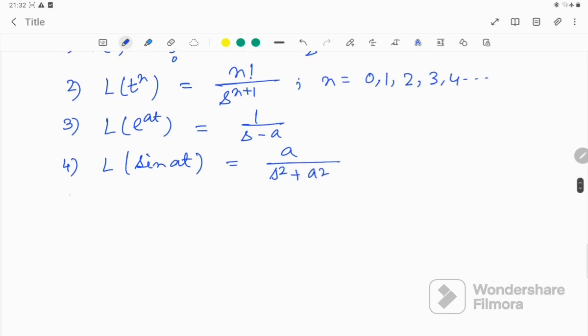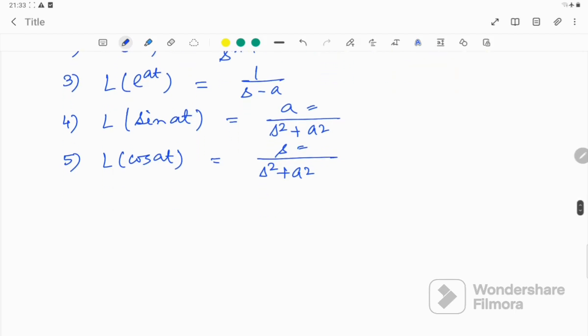These are some standard integrations and results. If you can remember, it is fine, otherwise it is okay. So cos of at, Laplace transformation of this function will give you this. So you see, for sine we have a, and for cos we have s here.